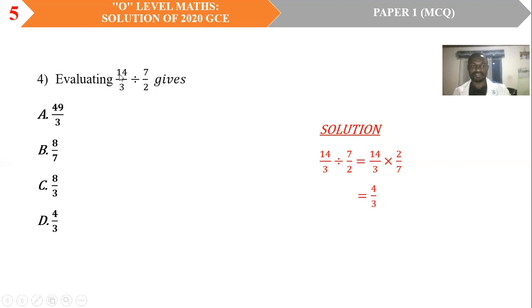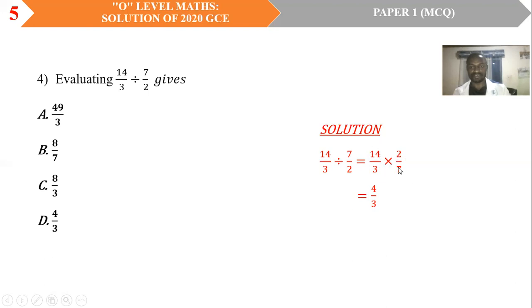The division is changed to multiplication, and the reciprocal of 7/2 is 2/7. So 14/3 times 2/7.